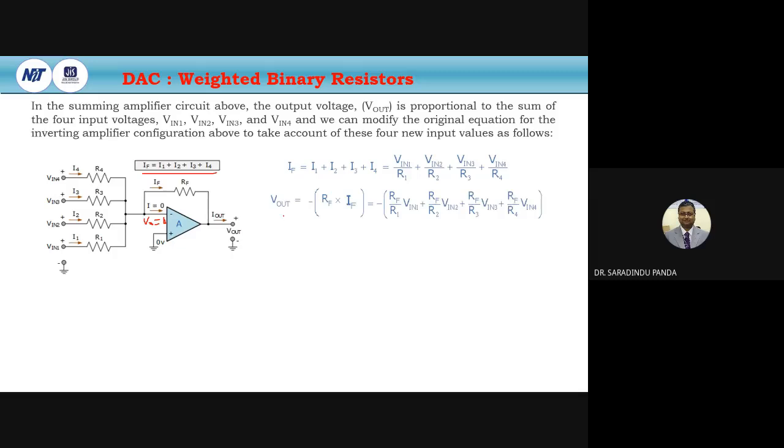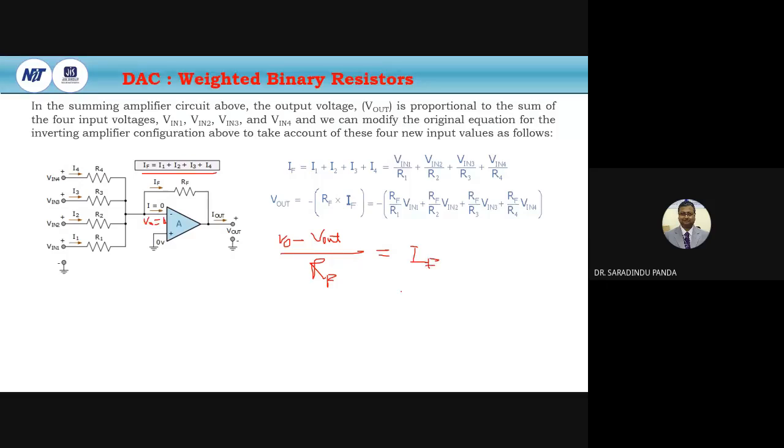Now come to the Vout. As simple as that, Vout is equal to minus RF into IF. This is an inverting amplifier, so for this reason this is minus. We can write V0 minus Vout by RF is equal to IF.